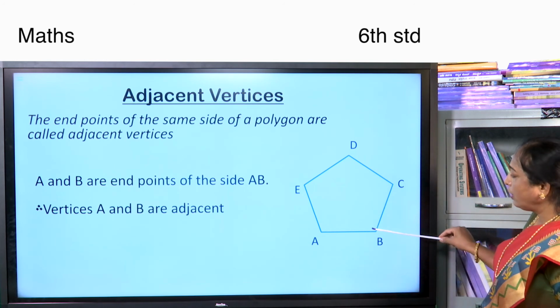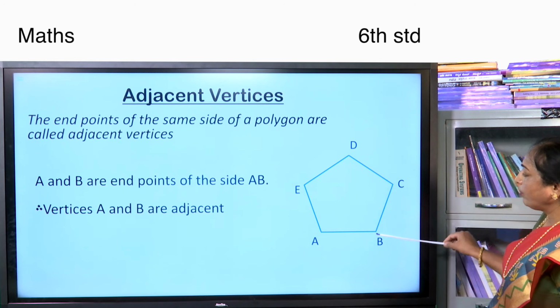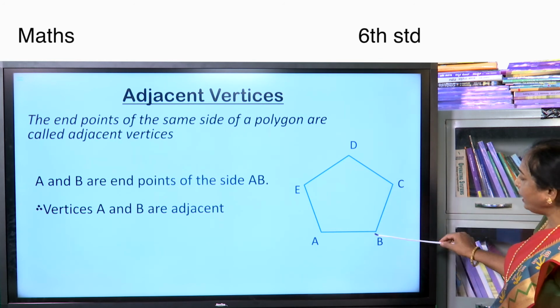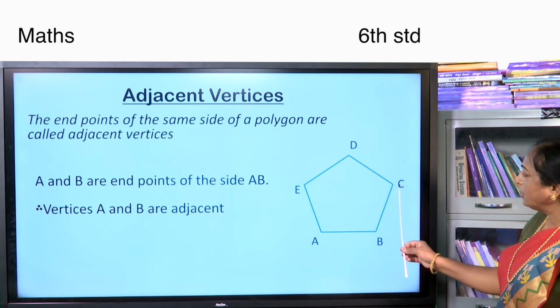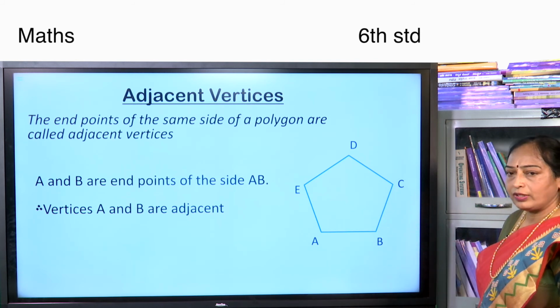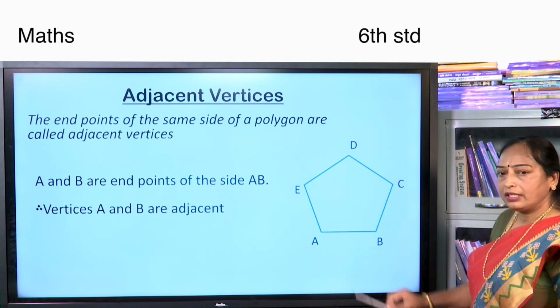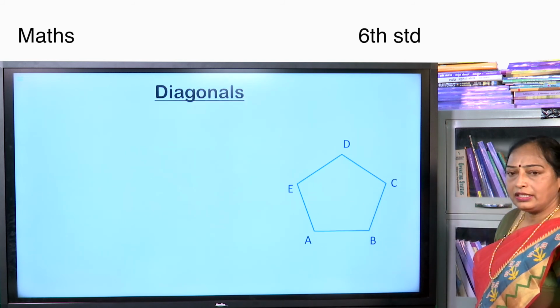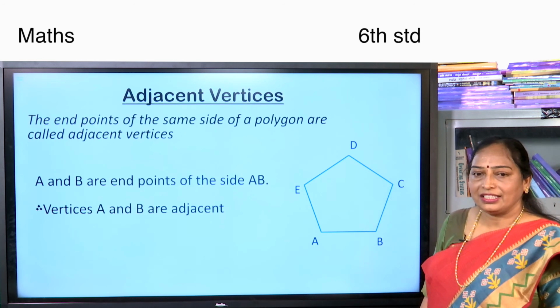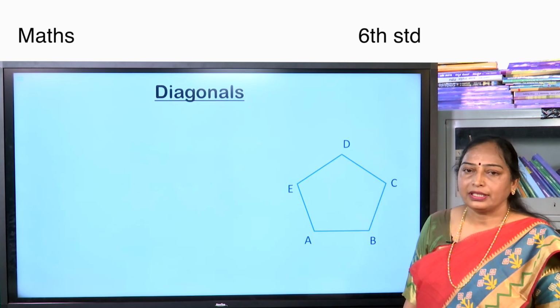And also, in the line BC, B and C are adjacent vertices, C and D are adjacent vertices, D and E are adjacent vertices, E and A are adjacent vertices. Did you understand, children?